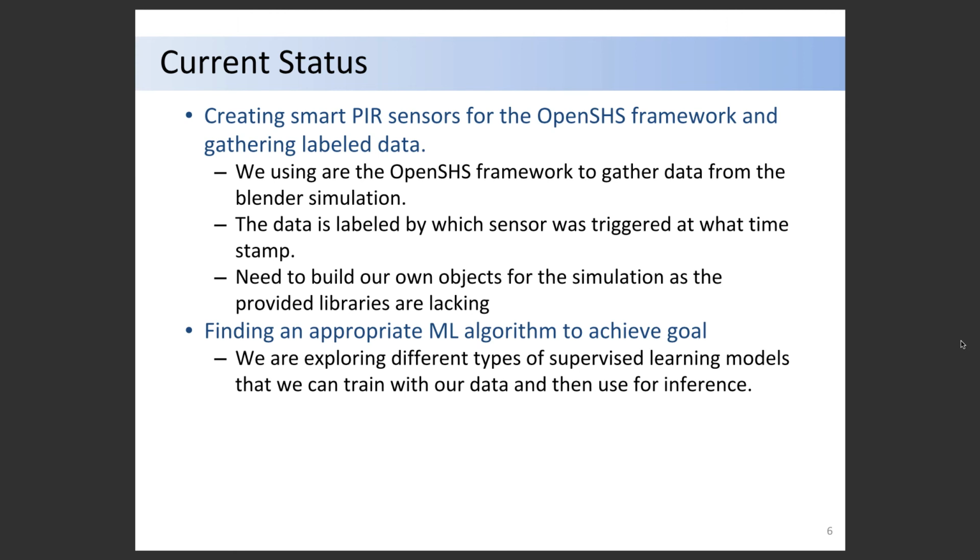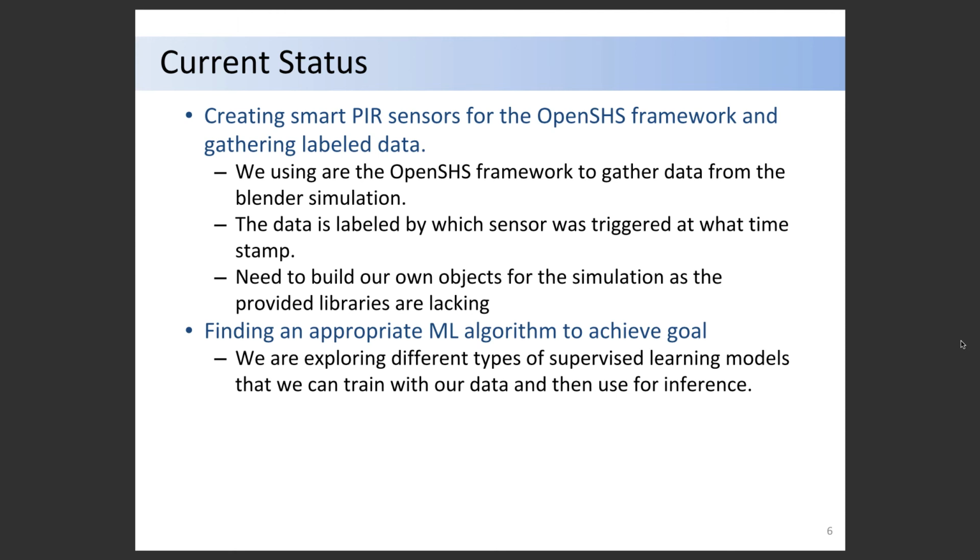For each sensor it'll be a different column, so we'll know which sensor went off in which room. The one issue we have found is that some of the objects in the publicly available repository are kind of lacking, so we'll have to implement our own objects in this simulation framework, and that's what we're working on right now.